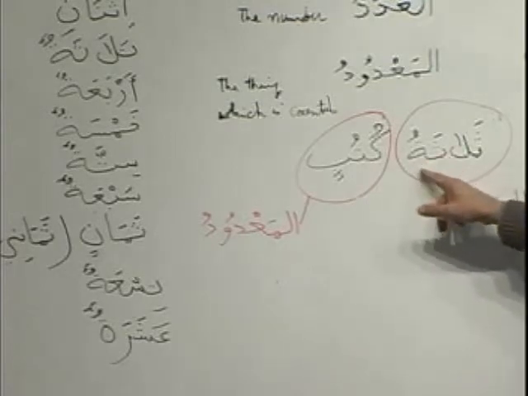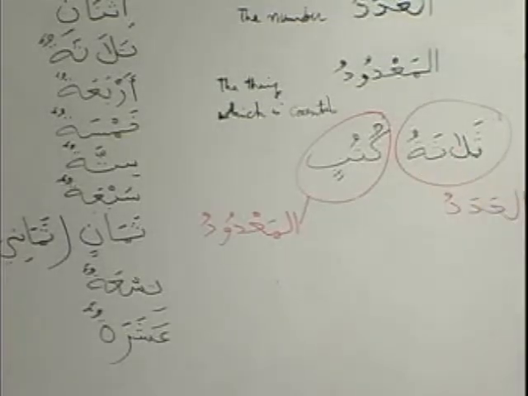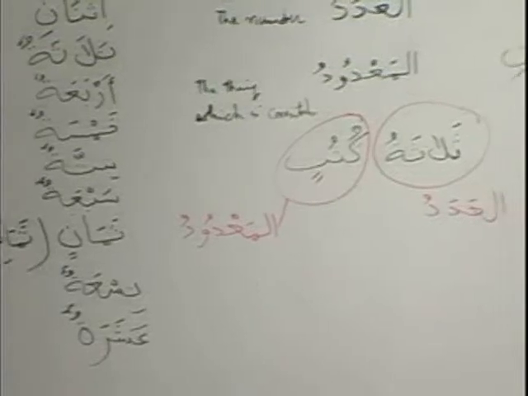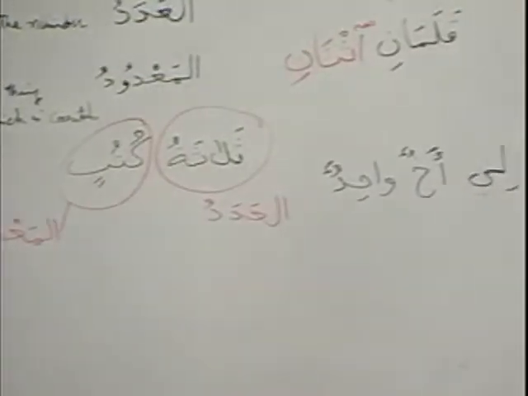What is this? I see ta marbuta there. It's feminine. So, if the ma'dud is masculine, then the numbers are opposite. And don't ask me why. I didn't do anything. Okay, that's the way the language is. Only from 3 to 10. So, if the ma'dud is masculine, the number will become feminine.